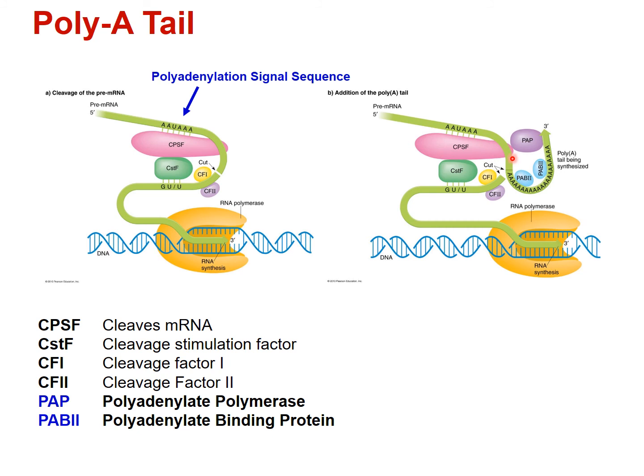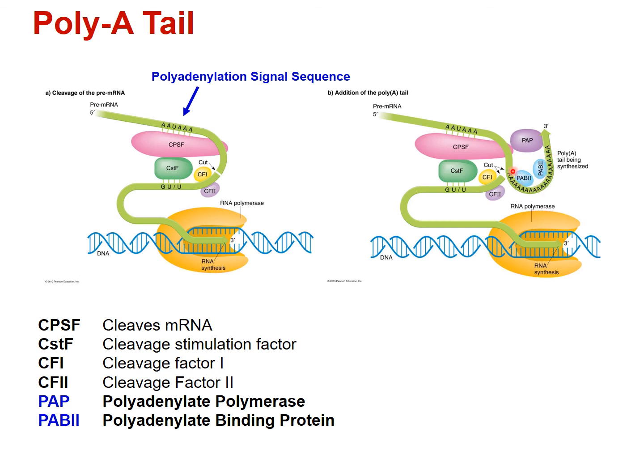Now, once that is cut, polyadenylation occurs. There's an enzyme that will add adenine residues onto the 3' end of the messenger RNA, and it will add many adenine residues. That is catalyzed by this protein highlighted in blue here, polyadenylate polymerase, or poly A polymerase. And then there is also polyadenylate binding protein, which binds and stabilizes this interaction.